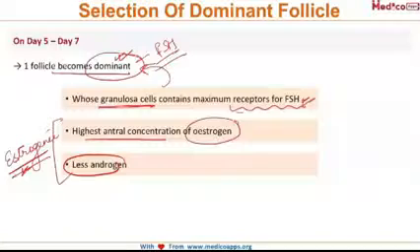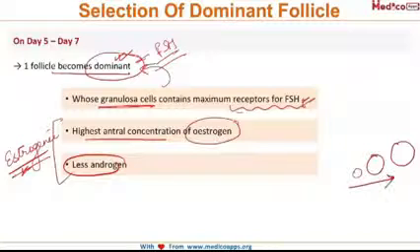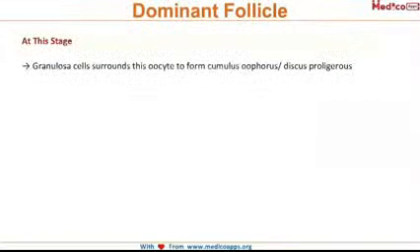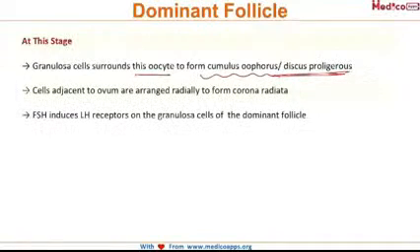Now once the dominant follicle is selected, it keeps on growing under the influence of the hormone follicle stimulating hormone. It helps in the growth of the follicles, and at this time the granulosa cells surround this oocyte to form cumulus oophorus or discus proligerous, and the cells adjacent to the ovum are arranged radially to form corona radiata.